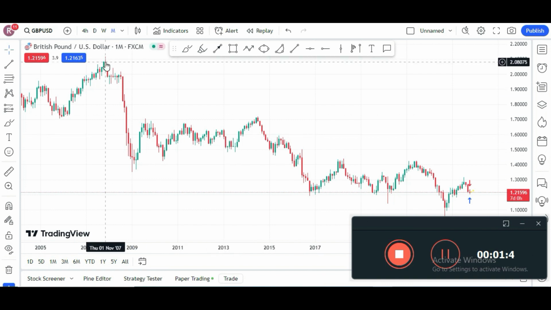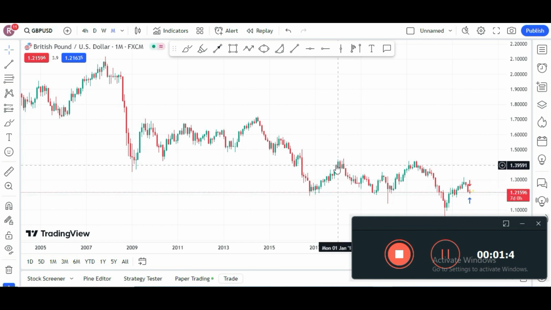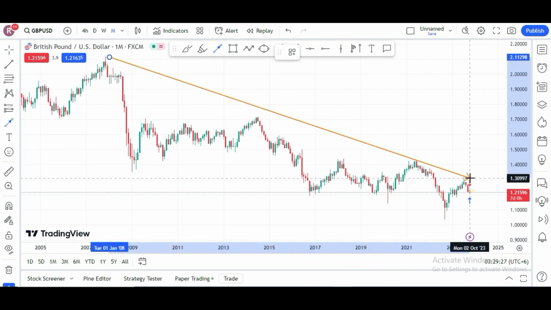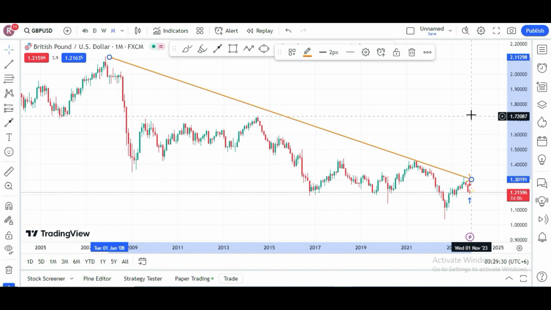Here on the monthly chart, if we identify it specifically, it is currently in a downtrend. Very easy to detect.